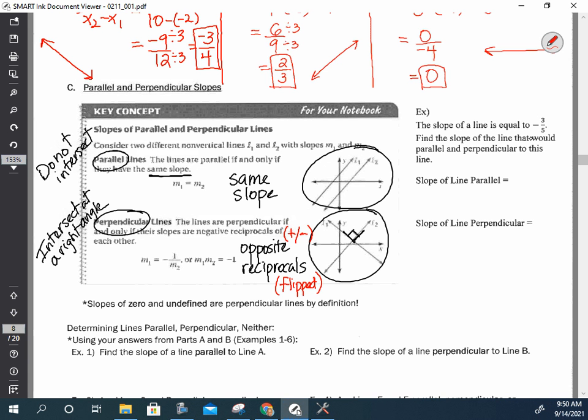So, for example, if line 1 has a slope of 2/3, the slope perpendicular to that, the opposite of positive is negative, and if you flip 2/3 over, that's 3/2.